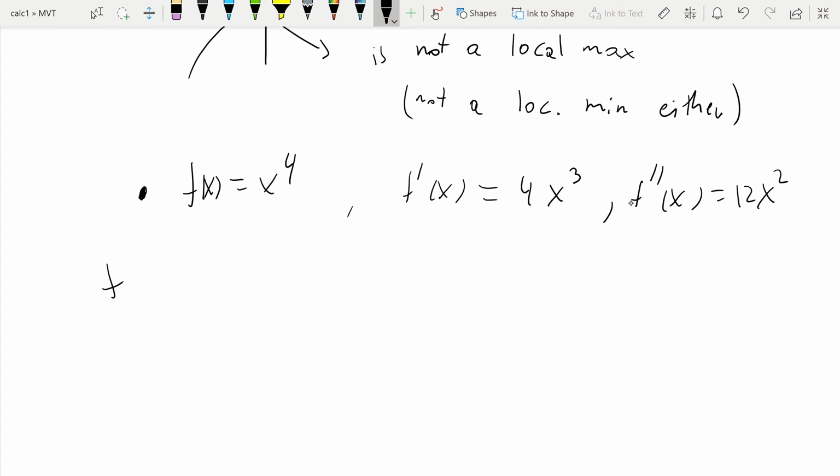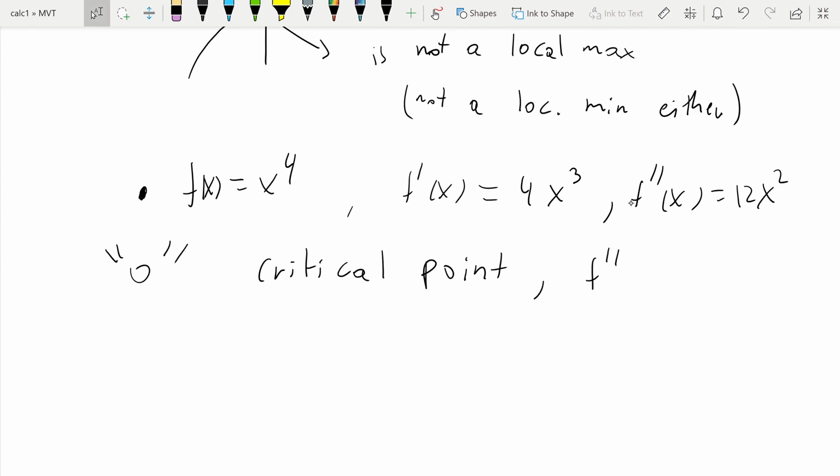Then we see that 0 is again a critical point. If you plug 0 in here, you get 0, so the derivative vanishes and it's a critical point. And f double prime at 0 is still equal to 0, because 12x squared at 0 is 0.